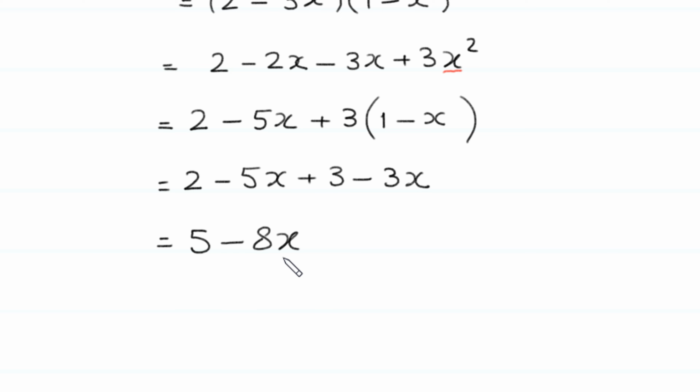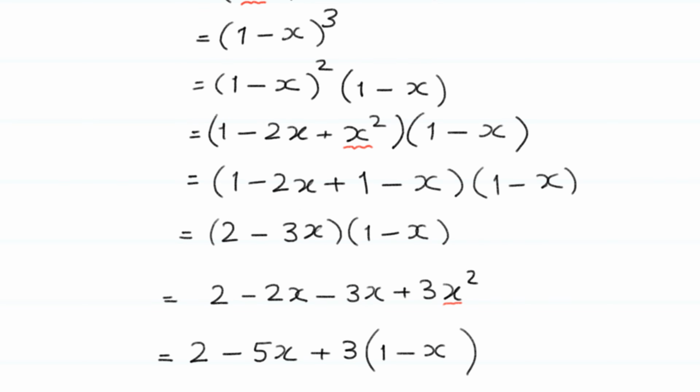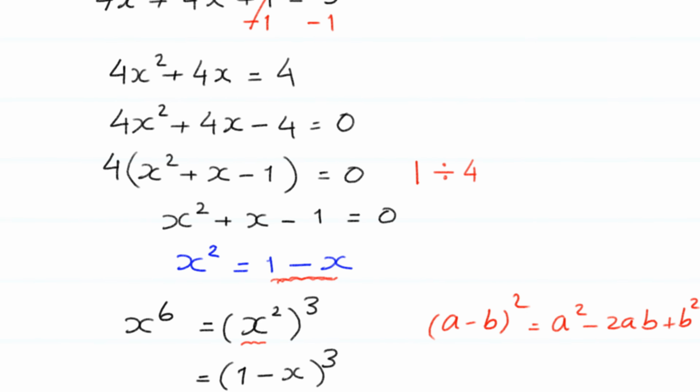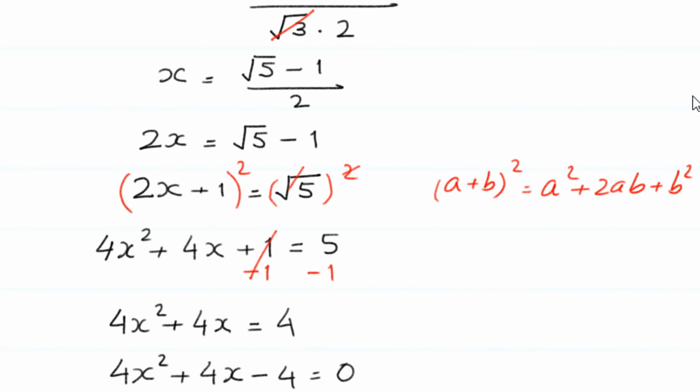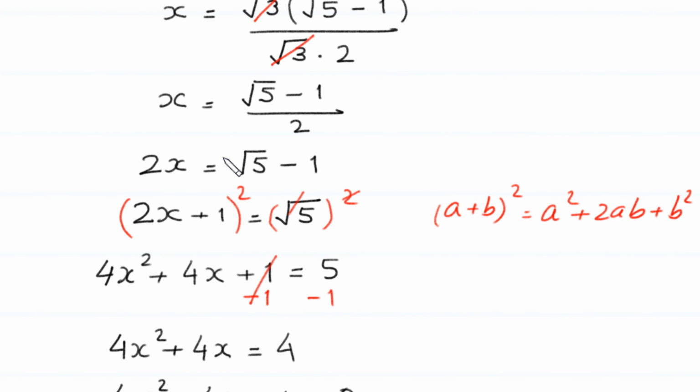Now in place of this x we put the value of x, square root of 5 minus 1 over 2, from here.